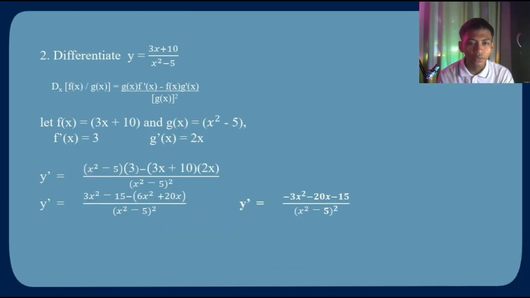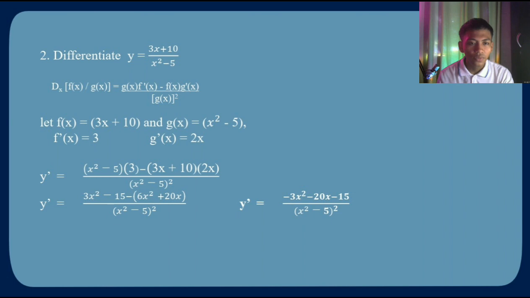Example number 2. y is equal to 3x plus 10 over x squared minus 5. Let's find the derivative of f of x, which is 3, and the derivative of g of x, which is 2x. Again, we have to copy the formula.